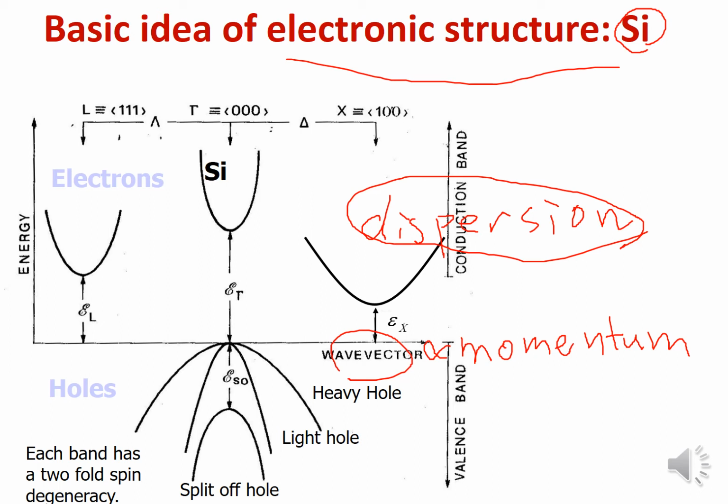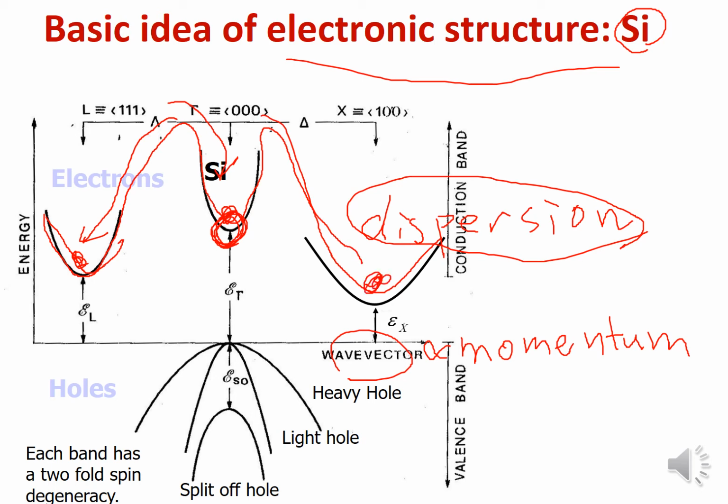Anyway, if we draw the conduction band, there are many ups and downs. It goes up, goes down, goes up. It shows very complicated phenomena. But mostly what we care about is around the lower energy points, because the energies of these electronic states vary at different k positions, but eventually electrons will accumulate at lower energy positions.